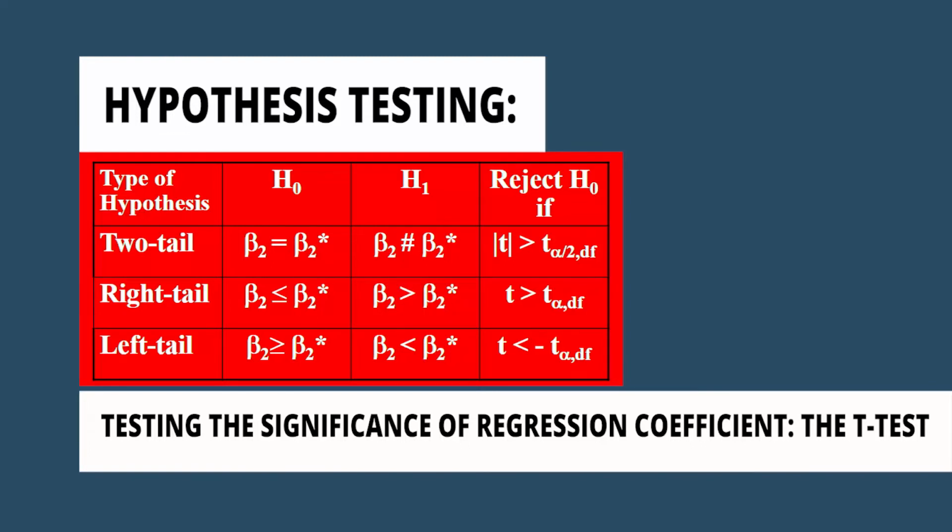If we look at the right hand side of the distribution, then t is greater than t alpha. That means if the computed value of t is greater than t alpha, where alpha is taken because it is not divided by 2, as one side of the distribution is considered, then we reject the null hypothesis. Similarly, if we operate on the left hand side of the tail, the same problem comes in where t is less than minus t alpha.